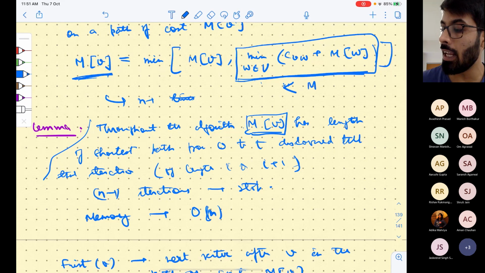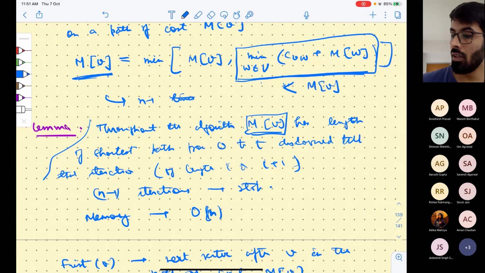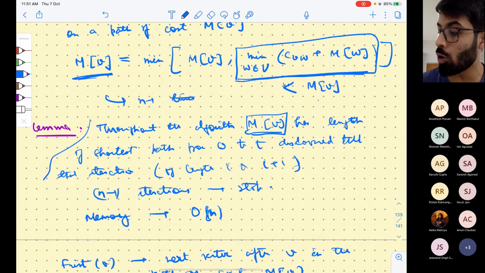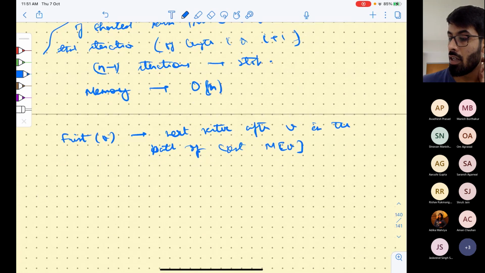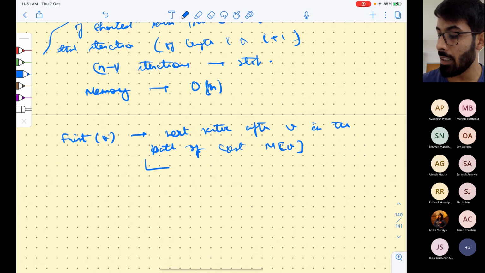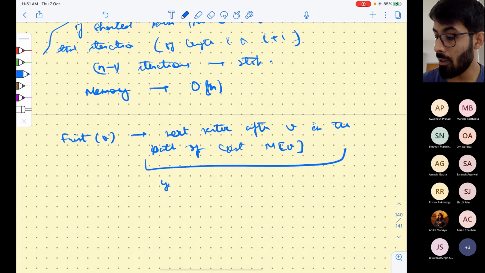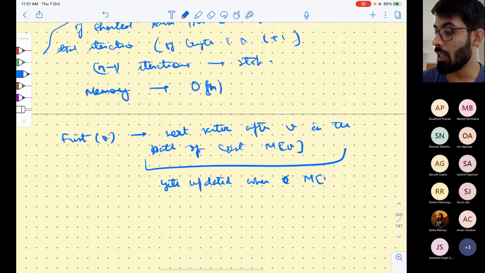So if this is less than M[v], then we update M[v] to this value, and also update first of v to be w. So the next vertex after v gets updated when M[v] gets updated.